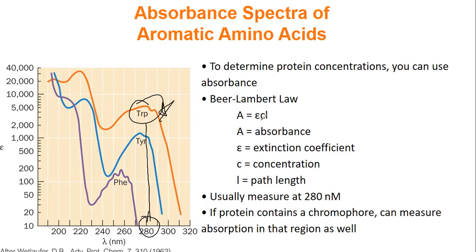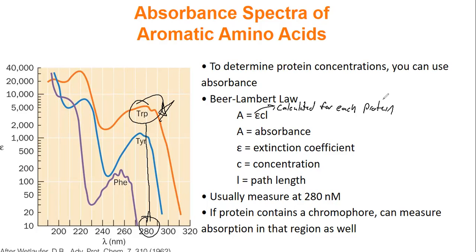And then we can use Beer's law: absorbance equals extinction coefficient, which is calculated for each protein. To get the extinction coefficient, you just read your primary sequence into a computer program, and this program will estimate the extinction coefficient for you.